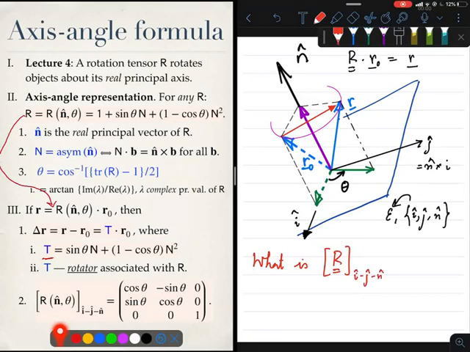As you will show in your homework, it will actually be this very simple matrix. Some of you may recognize this as a rotation about the third axis by amount theta, which is what is happening. This rotation tensor R is rotating about N by an amount theta. Please remember this form, it will be useful later on. Okay, so that's enough about the axis angle formula.